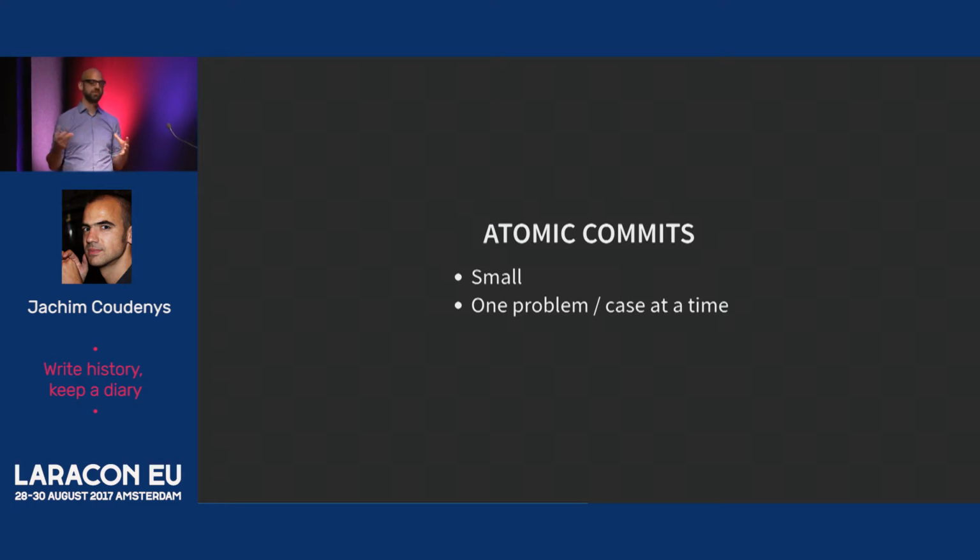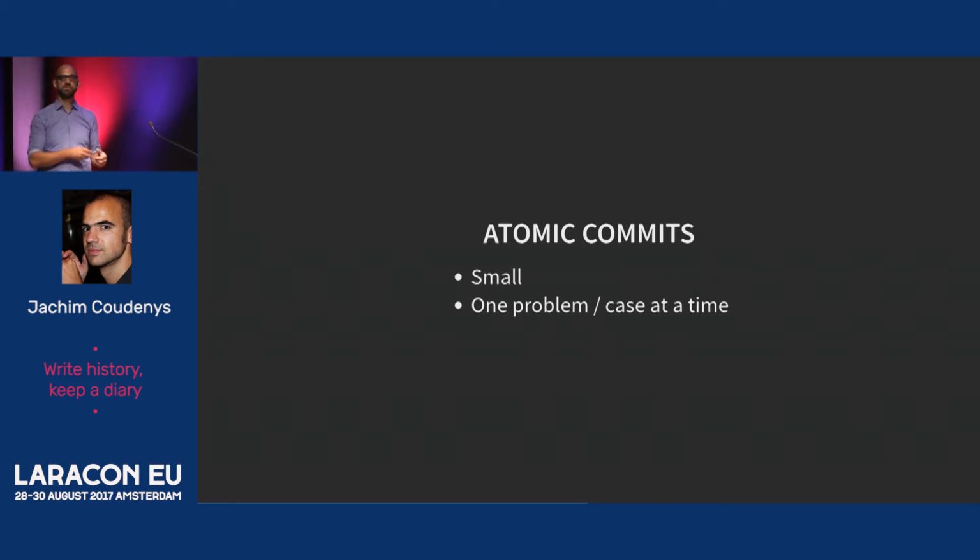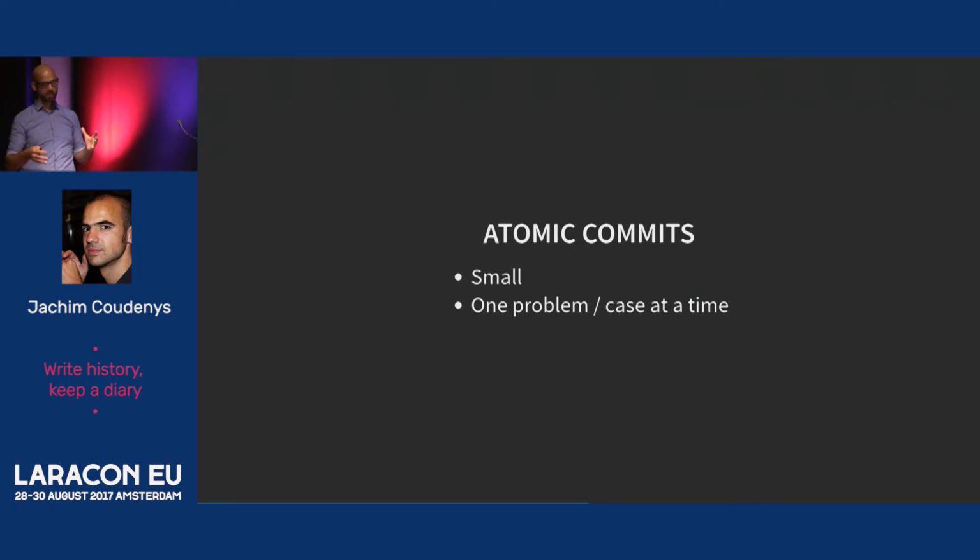If you split up the login form and the backend of it in different commits, that's not atomic, because you can't use the form without the backend logic. The other way around counts too. If you write a commit message saying adding a form and tweaking the UI, the moment you use and in your commit message, that's the flag that you should break it up and create more commits.